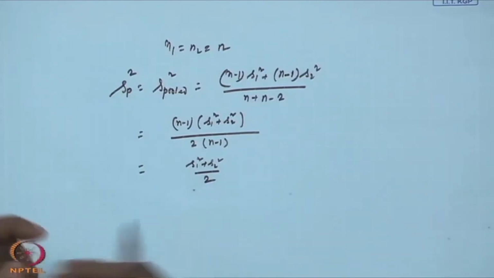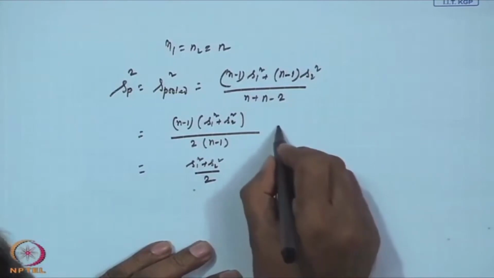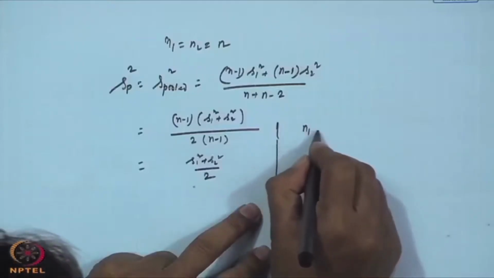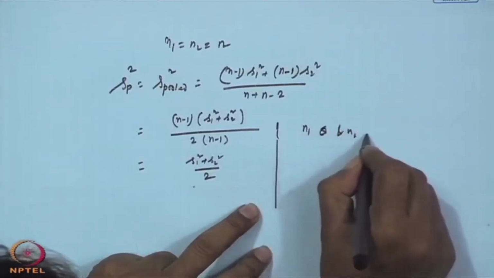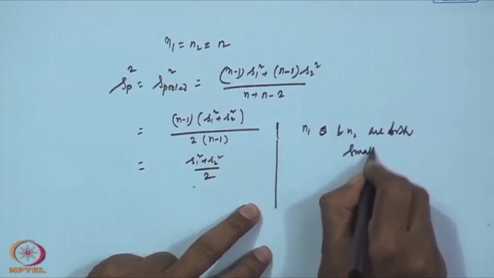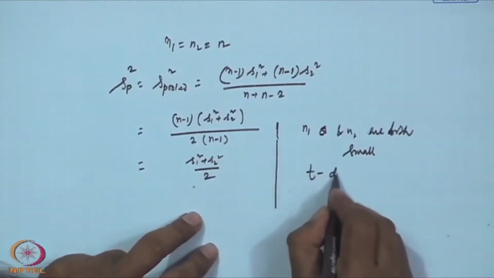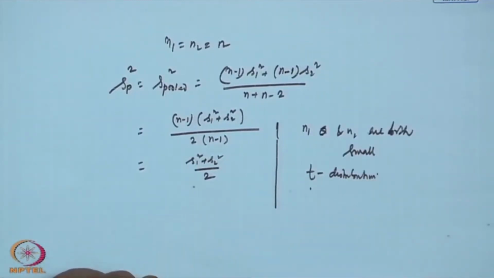Okay. And another condition is, suppose I go to the, I think the next one is not there. Okay. What will happen if n1 and n2 are both small? Okay. So, you will be using the T distribution. What will be the degree of freedom for this T distribution when you use S pooled?